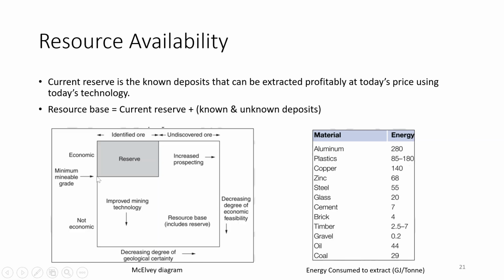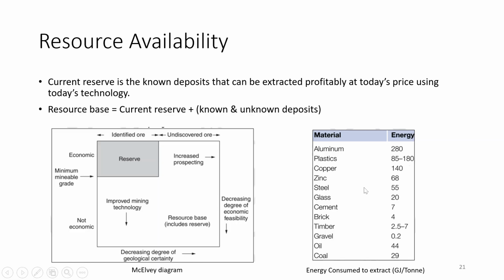Lower down you have the minimum mineable grade. Further down you have not economic, which requires improved mining technology to extract these ores. On this side you have undiscovered ores, which need increased prospecting, and the resource base which includes reserve. On this side you have decreasing degree of economic feasibility, and on this side decreasing degree of geological certainty.